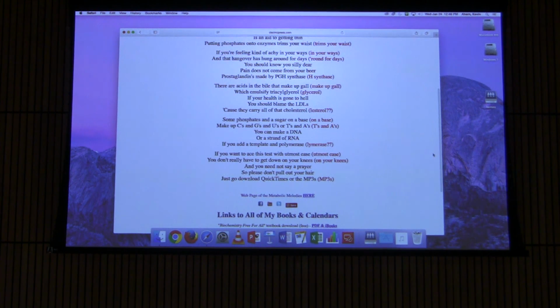There are acids in the bile that make up gall, which emulsify acylglycerol. If your health has gone to hell, you should blame the LDLs because they carry all of that cholesterol. Some phosphates and a sugar on a base make up C's and G's and U's or T's and A's. You can make a DNA or a strand of RNA if you add a template and polymerase. If you want to ace this test with utmost ease, you don't really have to get down on your knees. And you need not say a prayer, so please don't pull out your hair. Just go download QuickTime and the MP3s.